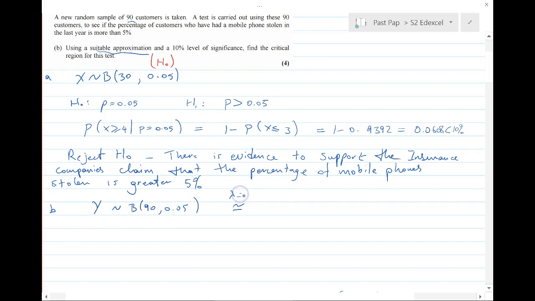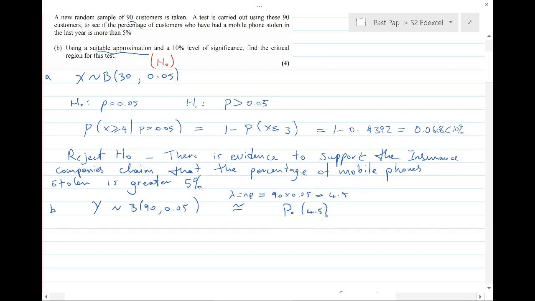So lambda equals np, which gives us 90 times 0.05, which is 4.5. So we're going to approximate this distribution to Poisson 4.5.